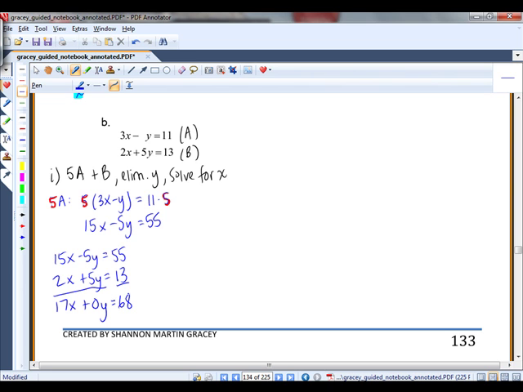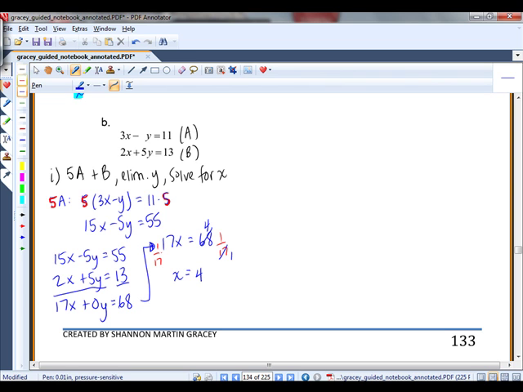So we will have 17x, 0y is 0, so we'll just have 17x is equal to 68. And if we were to multiply both sides by 1/17, we will get 1x is equal to 68/17, which happens to be 4.